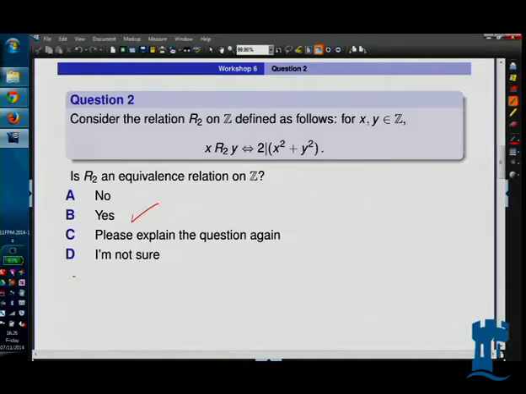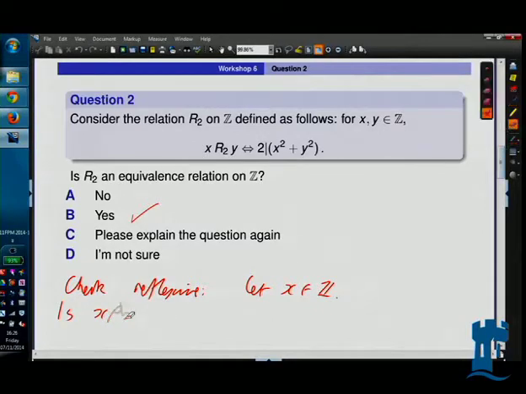We'll check the conditions, starting with reflexive. Let x be in Z. Is x related to x? Oh, it's R2 this time. Is x R2 x? Well, you have to look at x squared plus x squared.